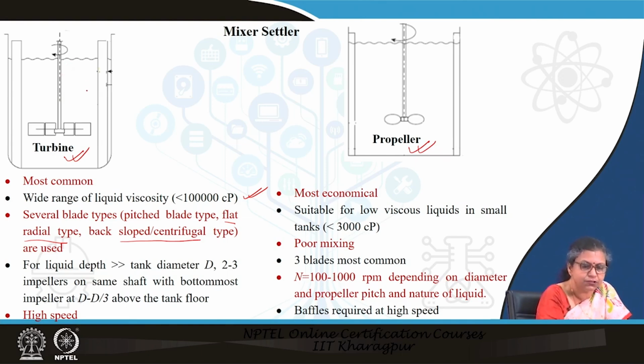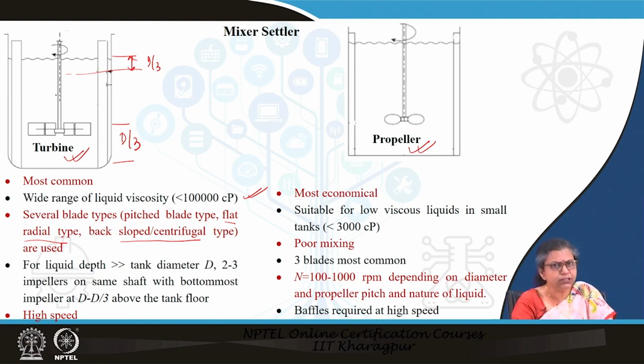In that case, usually what we find is the lowest turbine is at a height of say d by 3, the turbine at the top is at a height of d by 3 from the top, and mostly the other turbines are d to d by 3 and they are equally spaced.